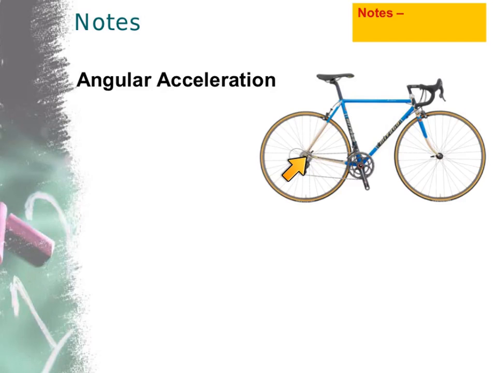But as you start pedaling, this wheel starts to rotate faster and faster. In other words, its angular displacement divided by time is getting faster and faster. Well, just like you would say that linear speed gets faster and faster due to acceleration, you could say that angular speed gets faster and faster due to angular acceleration.